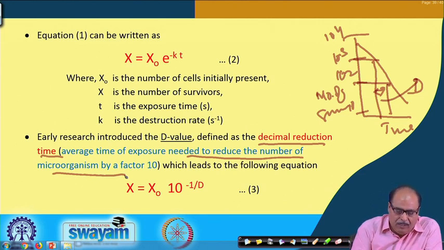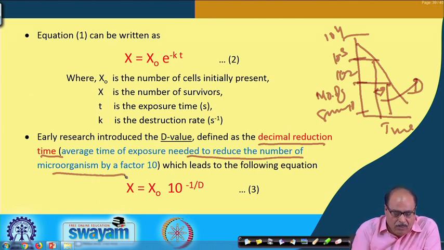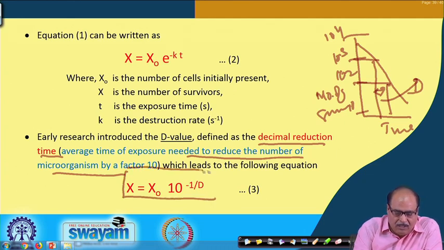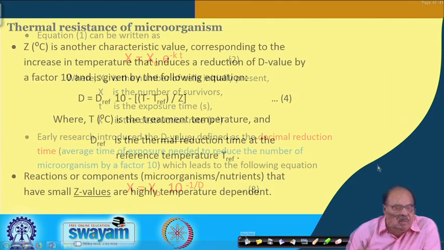And if we use this D instead of k in equation 2, it becomes x = x0 10^(-t/D).